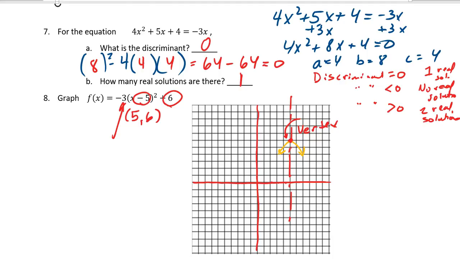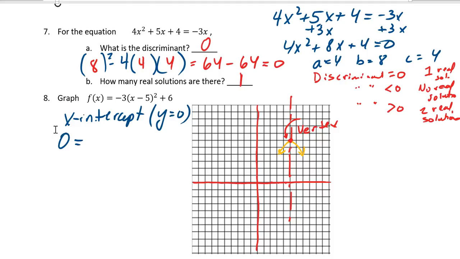The next thing I'm going to want are the intercepts, right? Those x-intercepts, those solutions. I know at the x-intercept, y is equal to 0. So I set my y, my f of x, equal to 0.